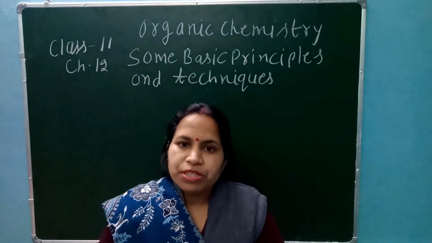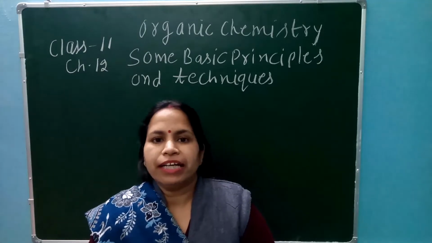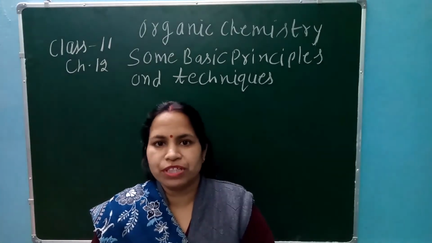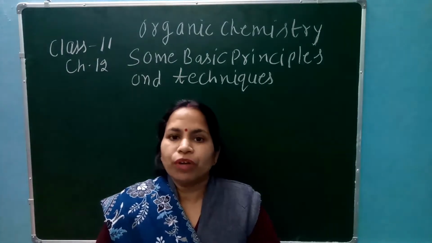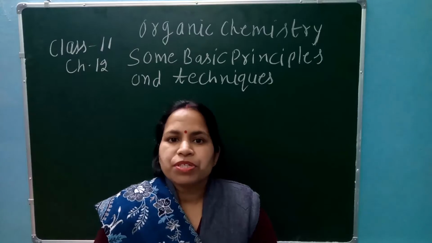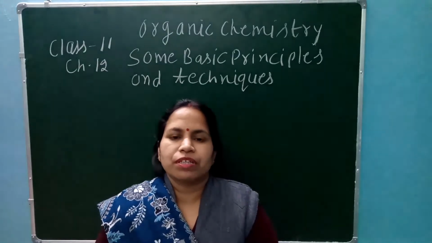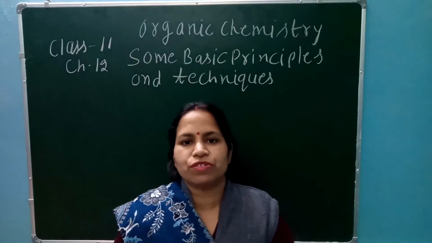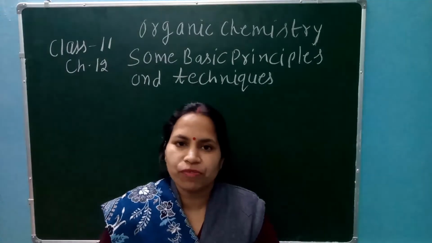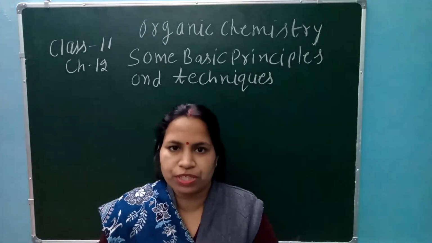Organic chemistry means those compounds that contain carbon and hydrogen, that is, hydrocarbons and their derivatives. So organic chemistry is the chemistry of carbon compounds with hydrogen and other elements, maybe oxygen, nitrogen, sulfur, halogen, phosphorus.